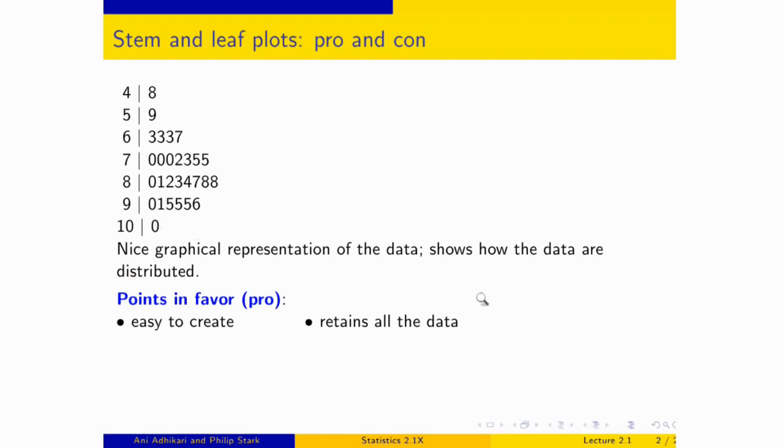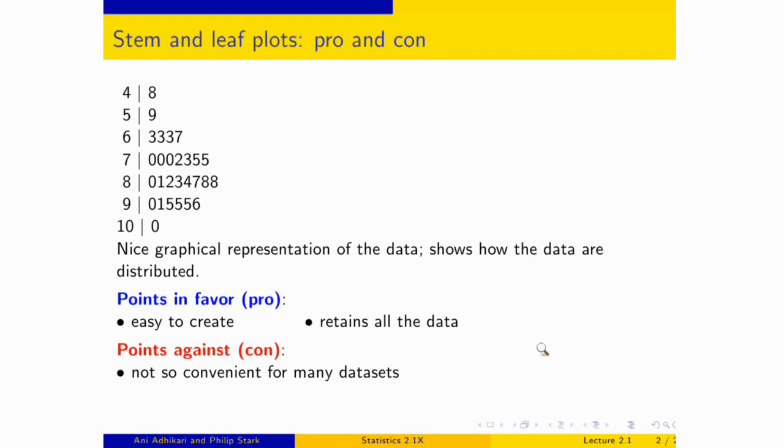And you may not want to do that. You may not want to use this method when you have a data set that has a very wide range. So points against, not so convenient for many data sets. If you have a data set where the numbers are all multiples of 7, then you may not want to break them into tens, and so on.